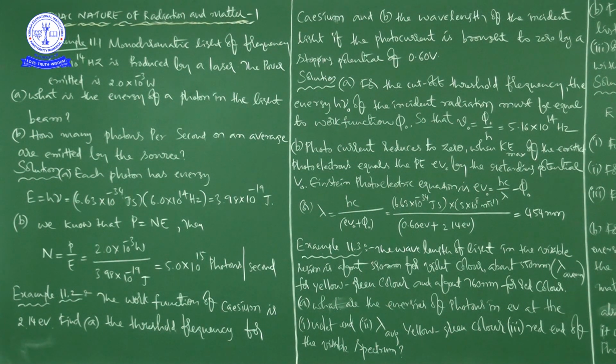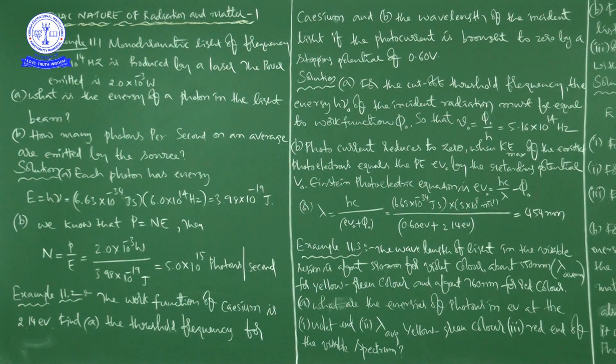One is the energy of the photon in the light beam. Another is how many photons per second on an average are emitted by the source. First we will go for A, then for B. Regarding A, we are going to find the energy of a photon.